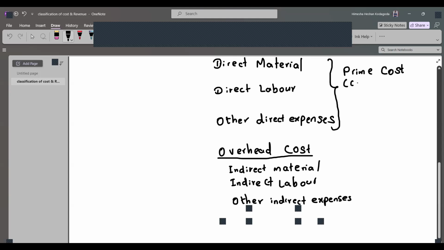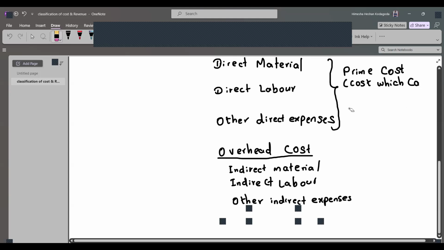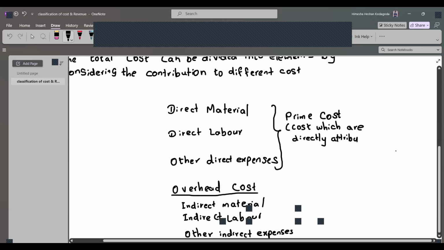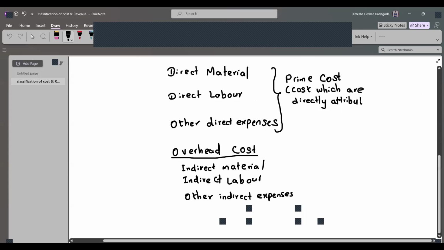Prime cost means cost which is directly attributable to a unit of production.